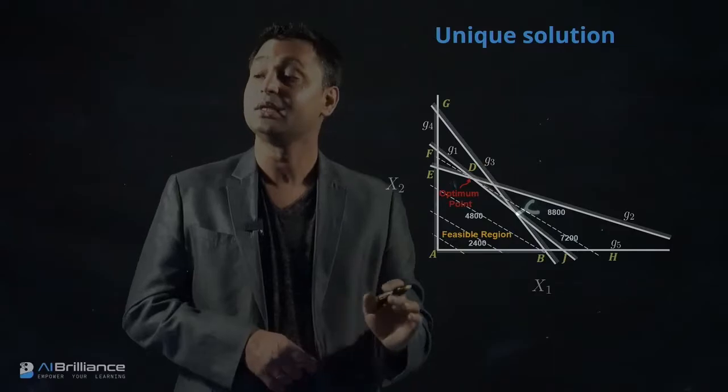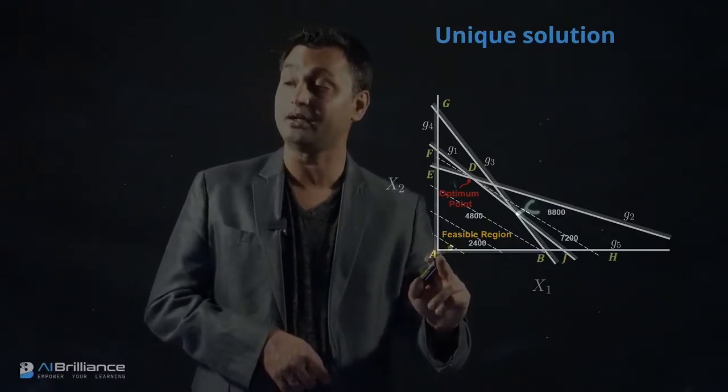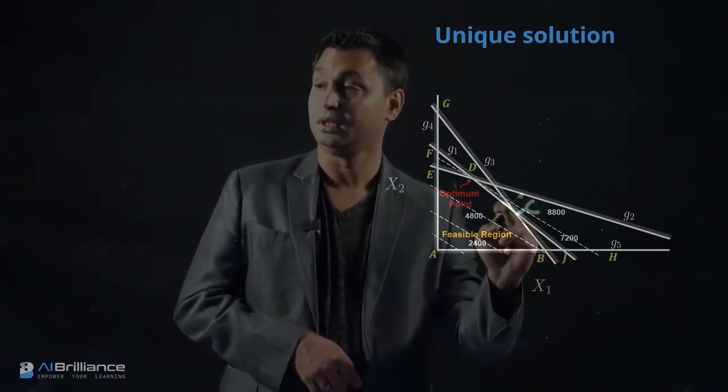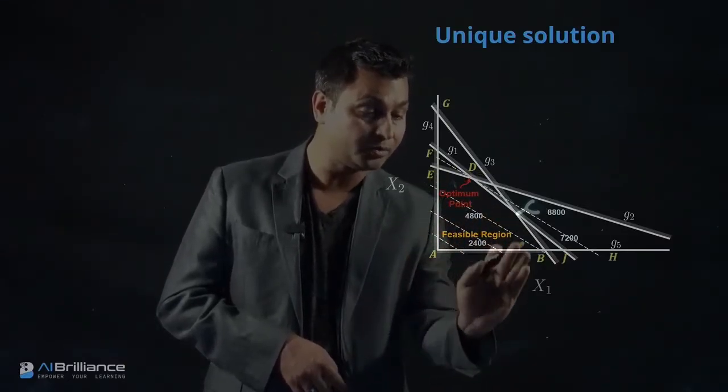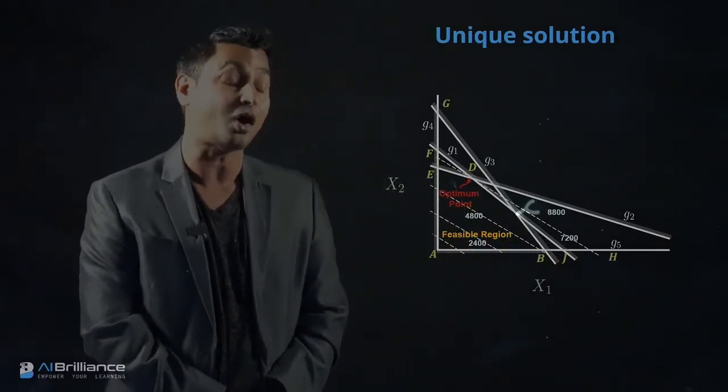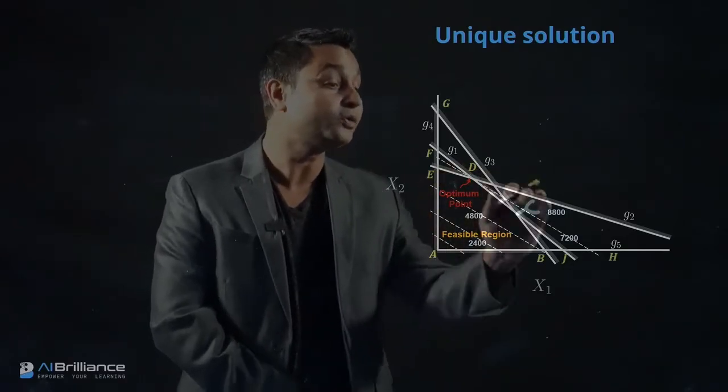What it means is the optimal solution is only going to lie on A, B, C, D, and E. It's not going to be lying in the interior of the feasible region. It's going to lie on the boundary.